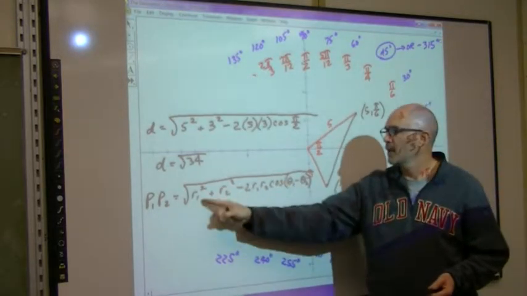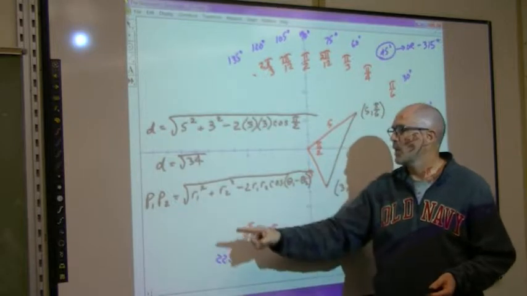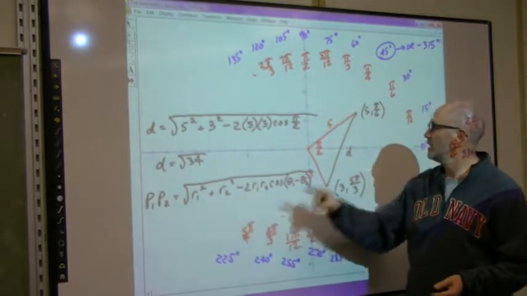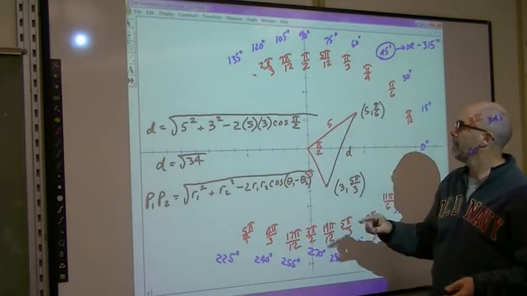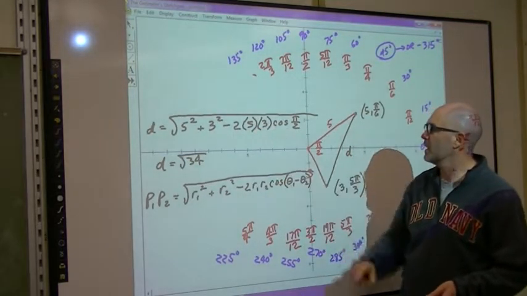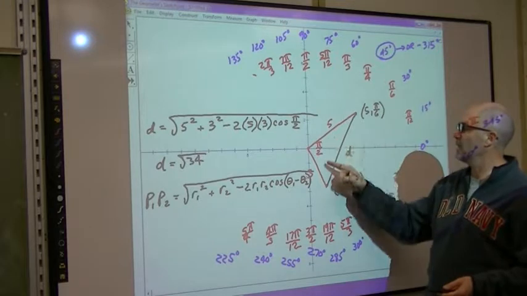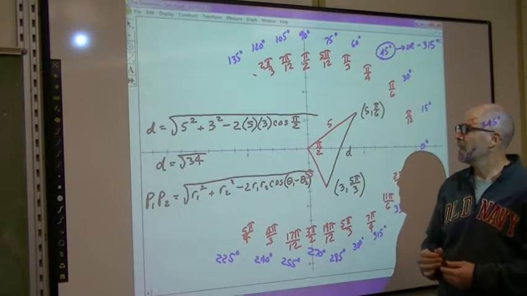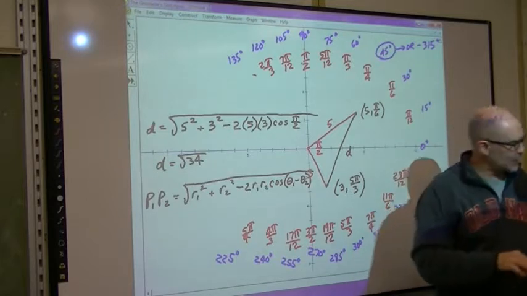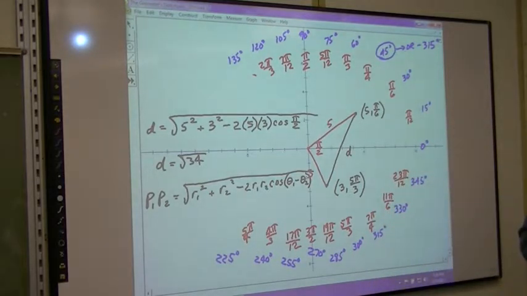So you just take your first radius, square it, second radius, square it. There we have 5 squared plus 3 squared minus 2 times 5 times 3 times cosine of the angle in between. So that's it. Let's try one more example that actually doesn't turn out to be a 90-degree angle.